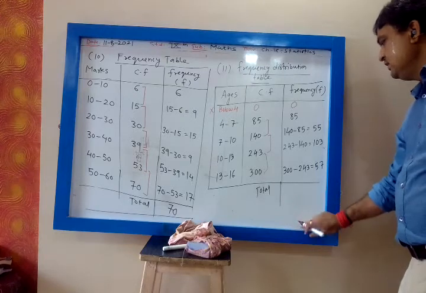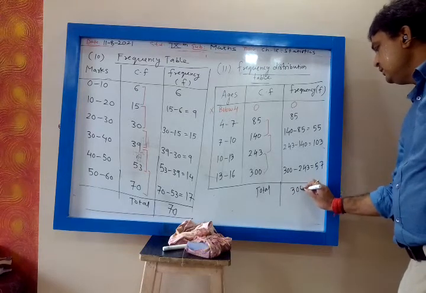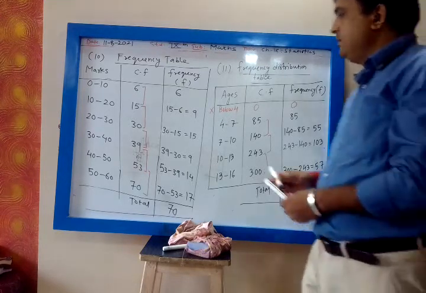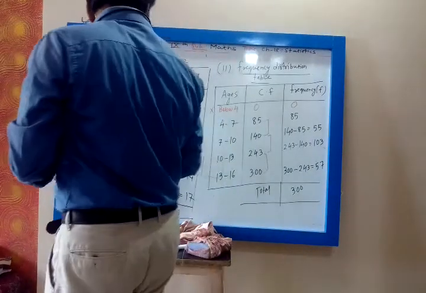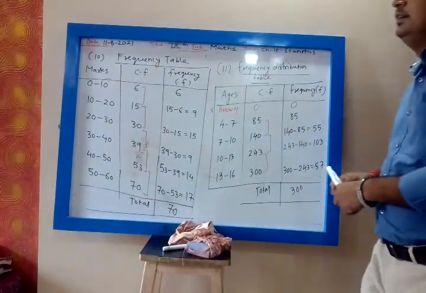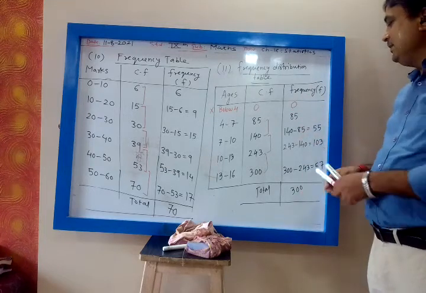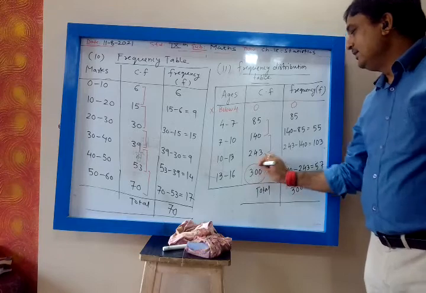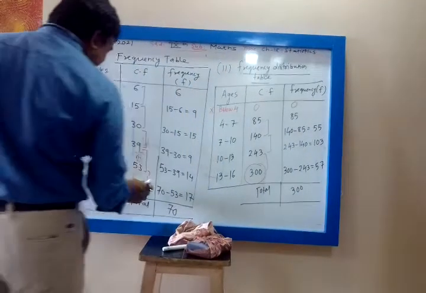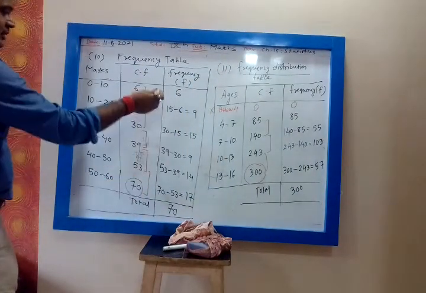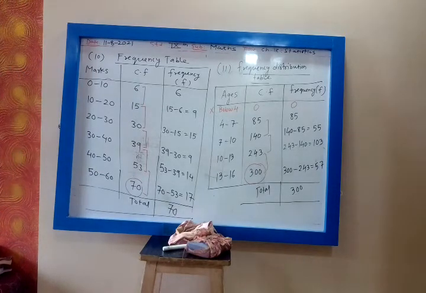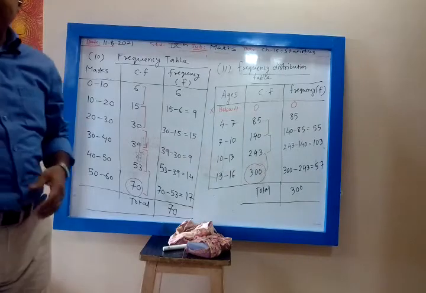So the total of frequency is 300. And see, there is no need to calculate the total. The total will be nothing but your last value of CF.